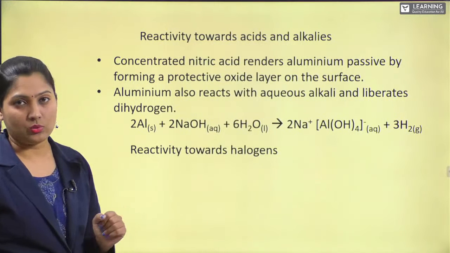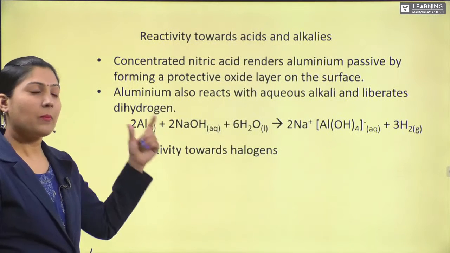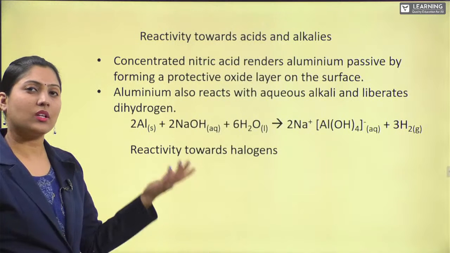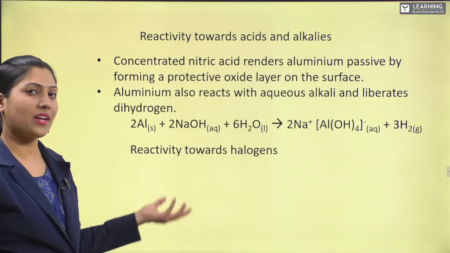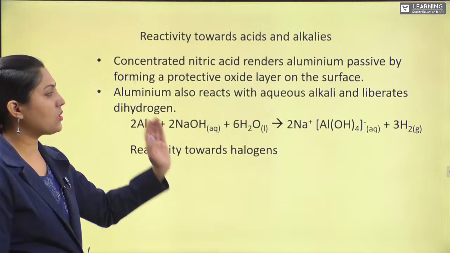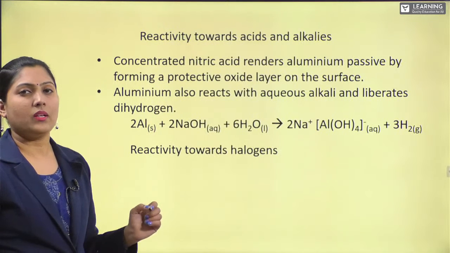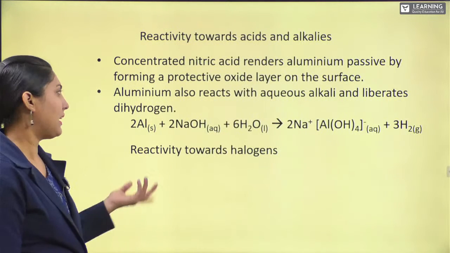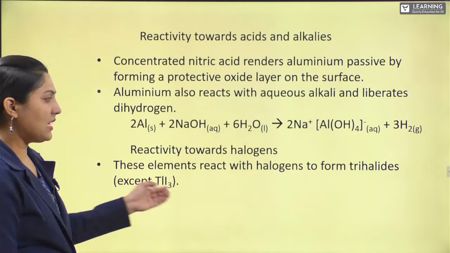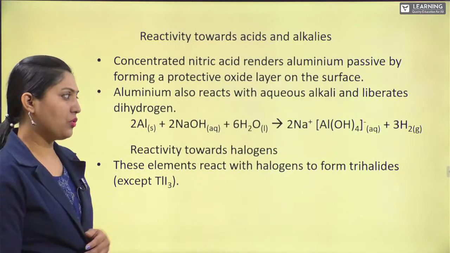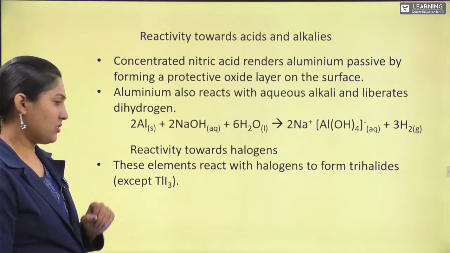Reactivity towards halogens. As we saw, boron reacts with fluorine and forms trihalides. Similarly, aluminium also reacts with chlorine and bromine and forms trihalides of aluminium. So these elements react with halogens to form trihalides. Tri means 3.